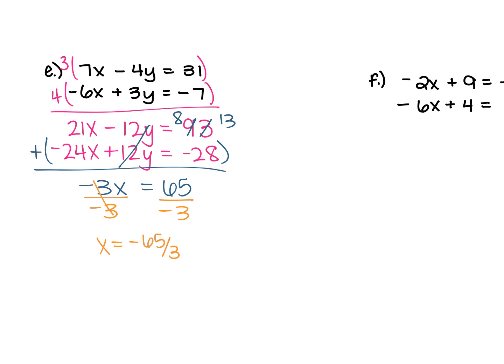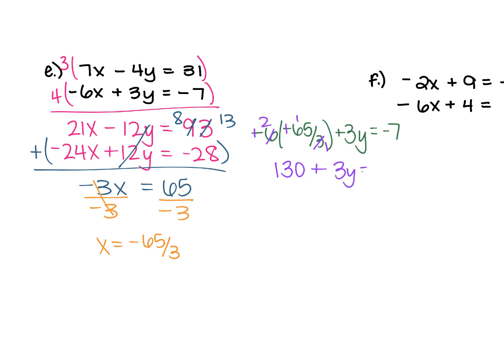That's going to give us -6 times -65 over 3 plus 3y is equal to -7. A negative times a negative is a positive. 3 goes into 6 2 times, so we're really doing 2 times 65, which is 130.